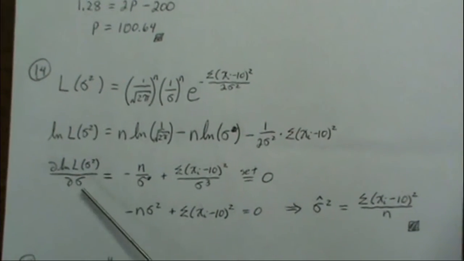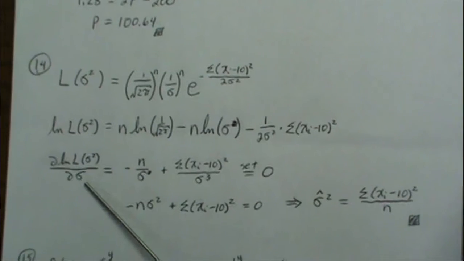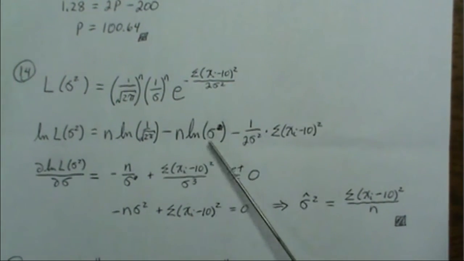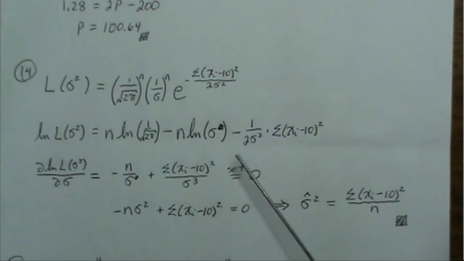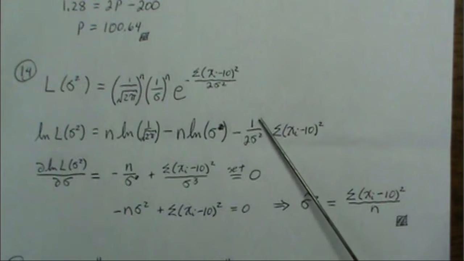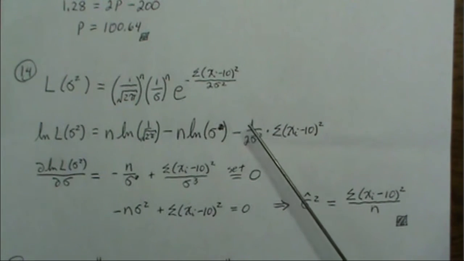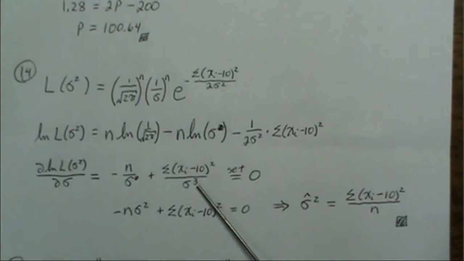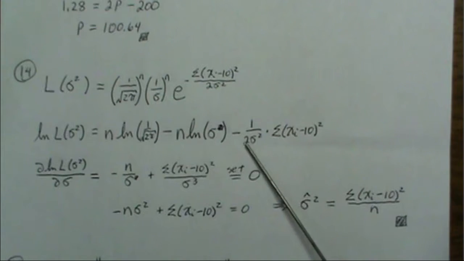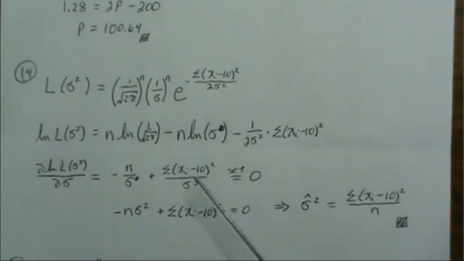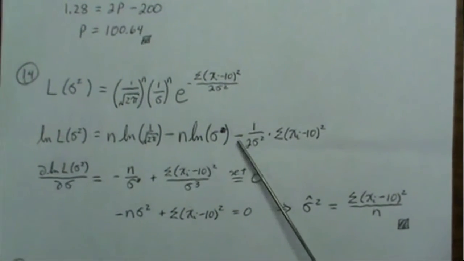So now we take the partial with respect to sigma, and this is a constant, so it drops out. We get minus n over sigma, and here I like to raise that up, so sigma to the -2, so then the derivative would be minus 2 times sigma to the -3, so then it goes back down, and that's how we get this. And the 2 cancels with that 2, and the derivative cancels with that 2, and that's a negative, change it to positive.